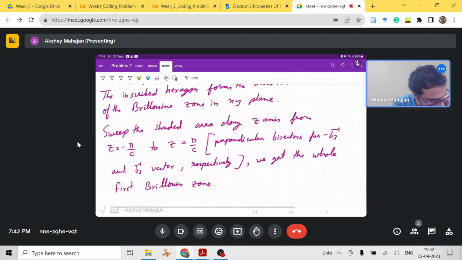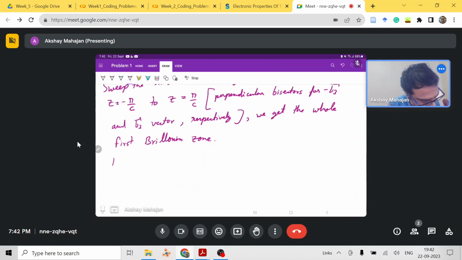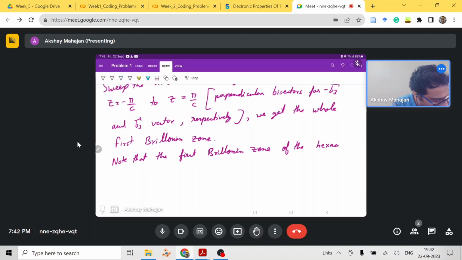Note that the first Brillouin zone of the hexagonal lattice is also a hexagonal structure.